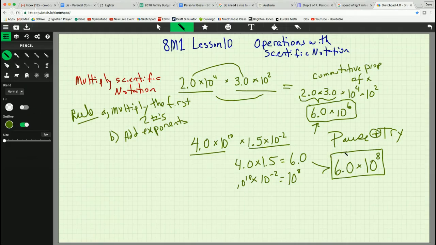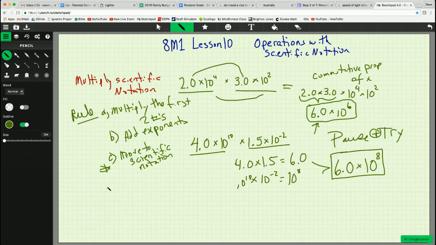Okay, so that should be a little bit of review for what you learned in class today, but that's our key to multiplying. Now there's one last key piece: sometimes you have to move to scientific notation, because watch what happens. And this is only sometimes.